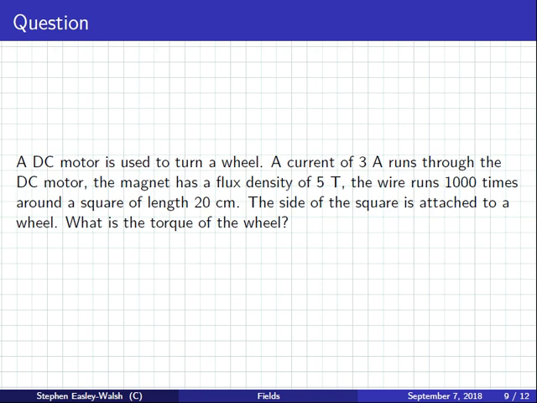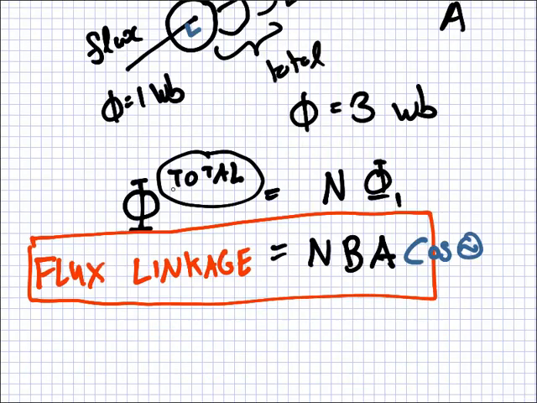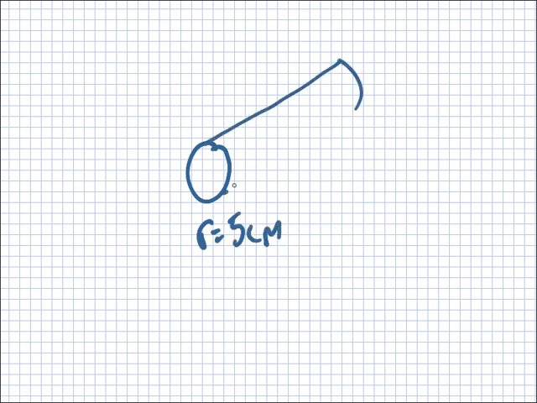Okay. A coil, I'll draw this one. A coil is wrapped around an iron rod, radius 5, 100 times. So what you've got is, this is radius 5 centimeters. It's a piece of iron.